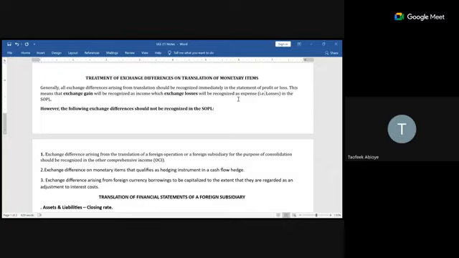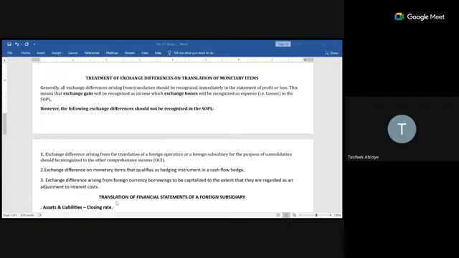But IAS 21 now says, please wait though. There are some transactions where the exchange difference will not be recognized in the P or L. If I want to test the written part of IAS 21, they usually ask this question: treatment of exchange difference. So you need to tell the examiner that there are some items where an exchange gain is not going to P or L. Number one is exchange differences arising from translation of foreign subsidiary.